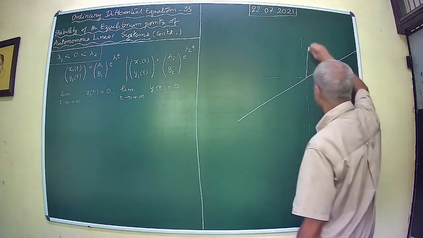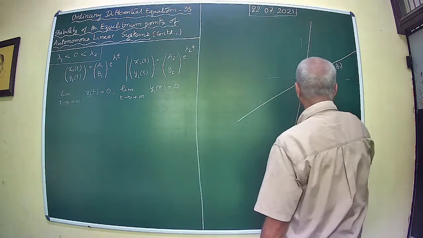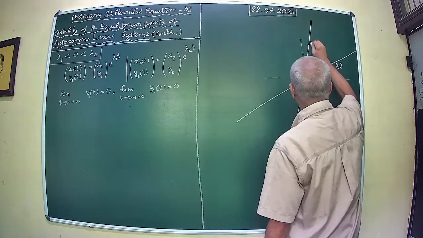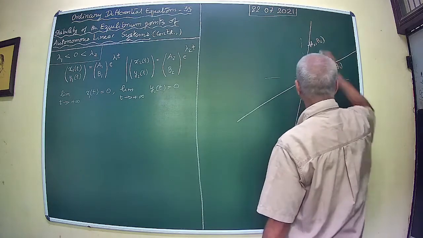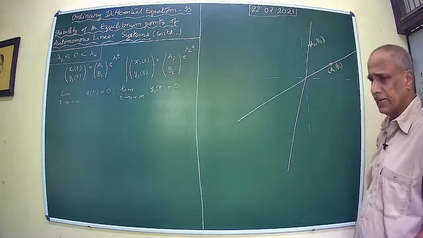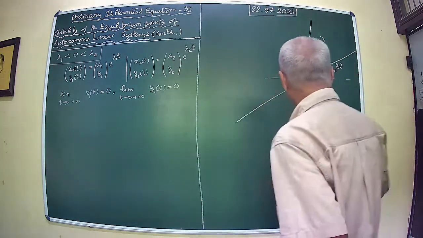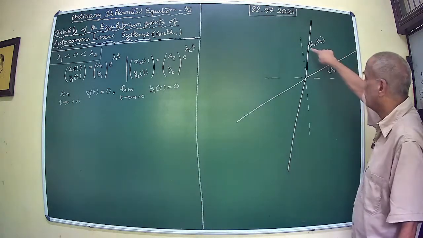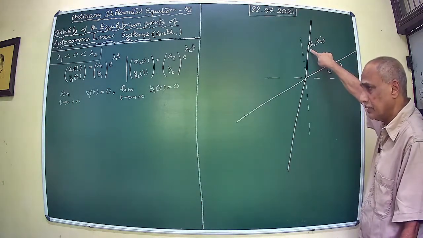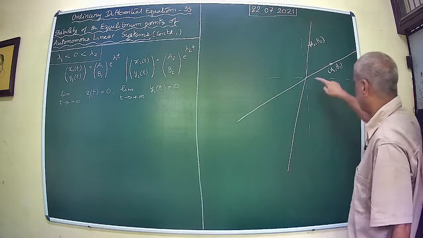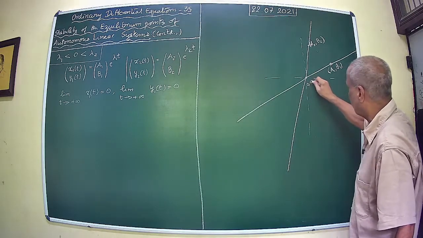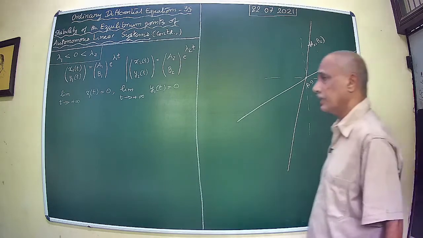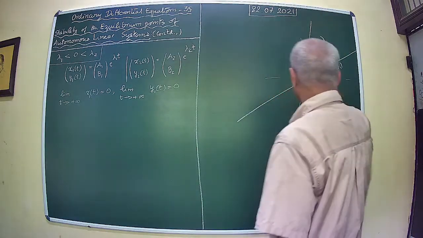And then this be the direction of a2, b2. These are eigenvectors. In fact, this whole thing is the eigenspace associated with lambda 1. This is associated with the eigenspace of lambda 2. I mean, there are two characteristics. So (0, 0) is the equilibrium point, and these are two characteristics.